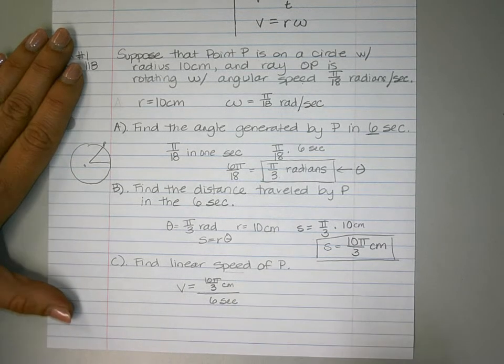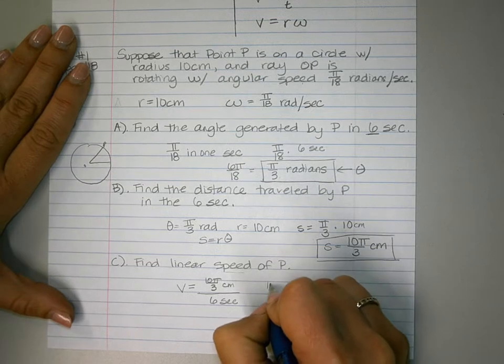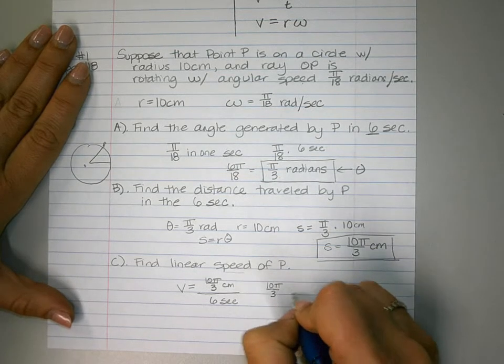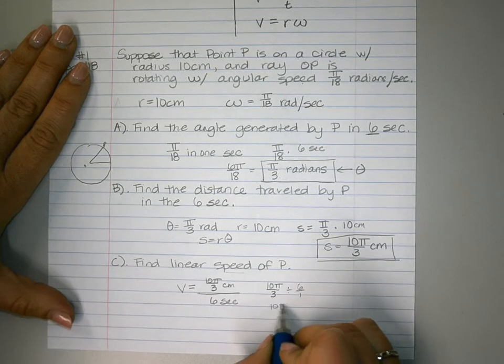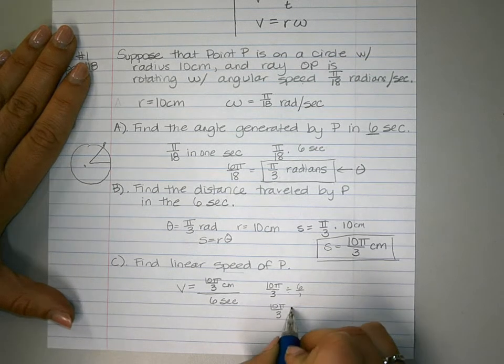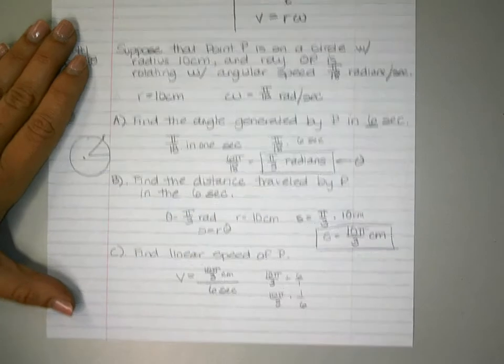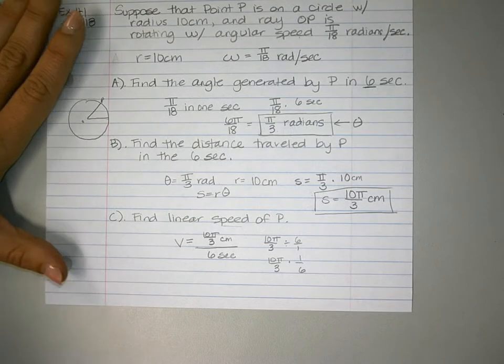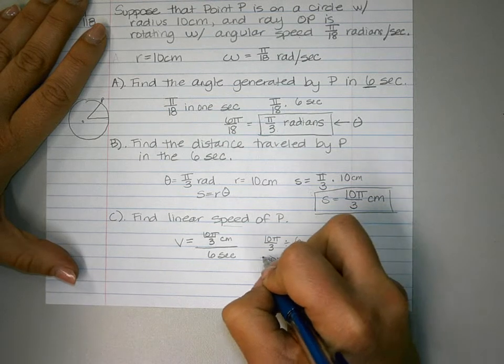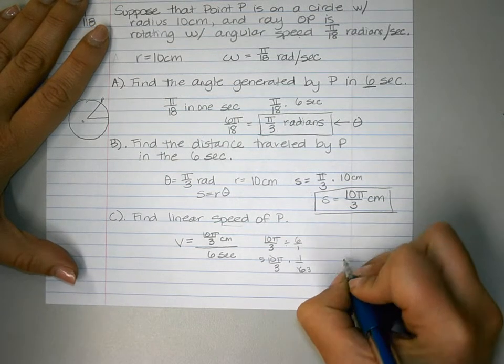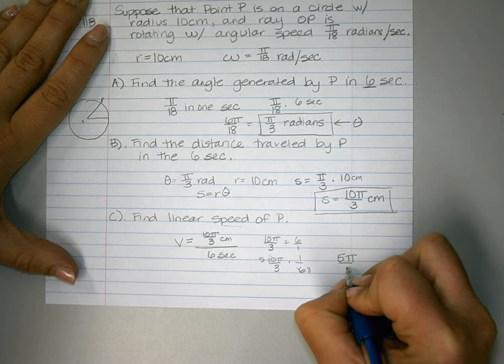And just to recap how to do complex fractions, that's 6 over 1, we flip, we get 10 pi over 3 times 1 over 6. We can do some cross-canceling, and we end up with 5 pi over 9.